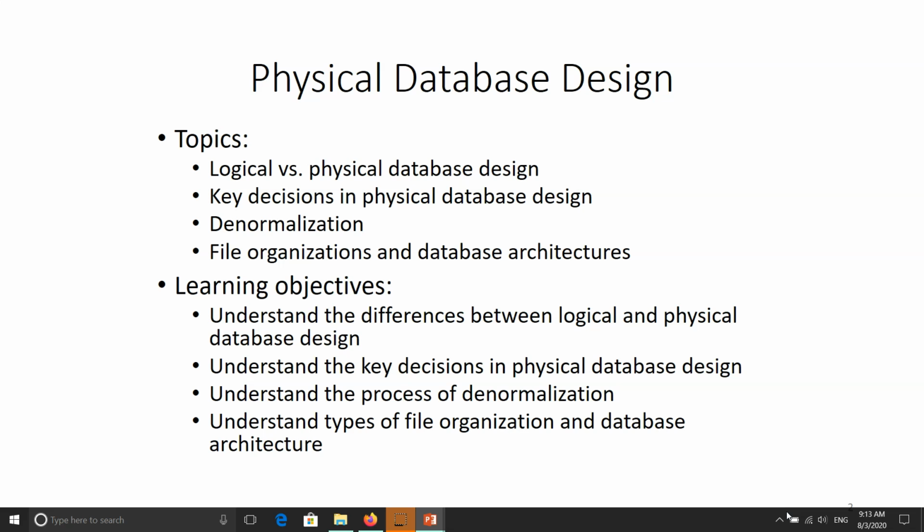You should also understand the process of denormalization, which is a widely used technique for improving database performance, especially in the relational database setting. And finally, you should also understand the types of file organization and the different database architecture in order to make the right decision about which database architecture to use for your particular application.